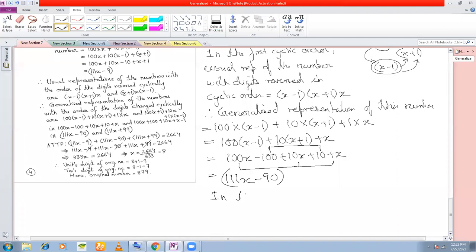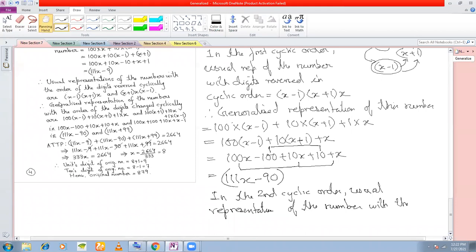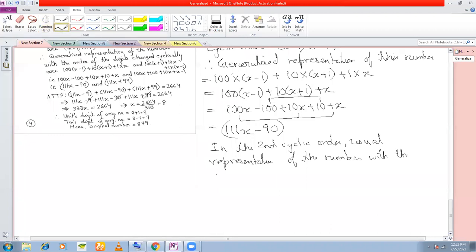In the second cyclic order, the usual representation of the number with the digits reversed cyclically.